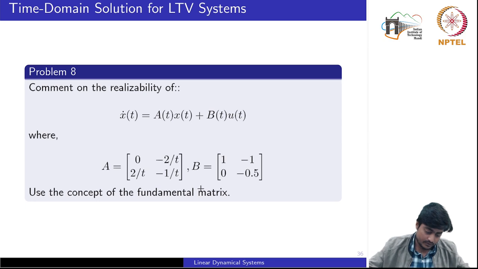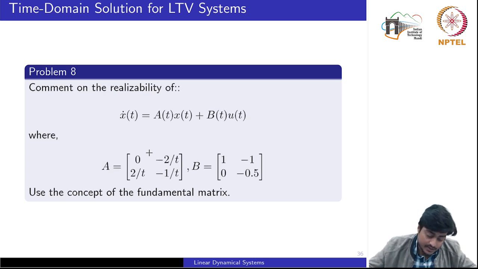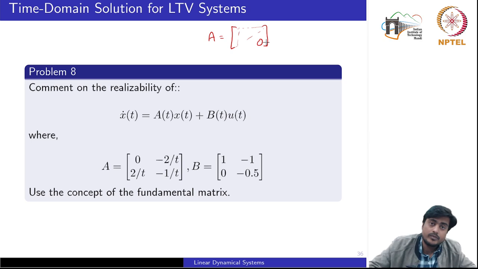Note that computing the state transition matrix for an LTV system is pretty much difficult, and we have discussed one scenario: considering the 2 dimension, if the state matrix is given in this upper triangular form, where the elements inside the triangle could be non-zero, but this one should definitely be 0.